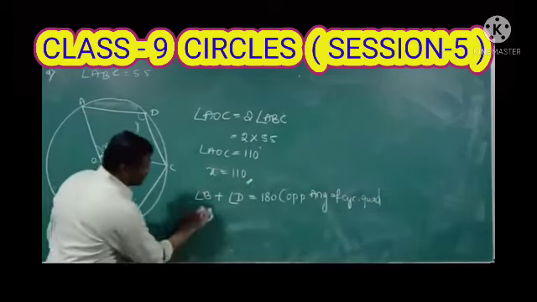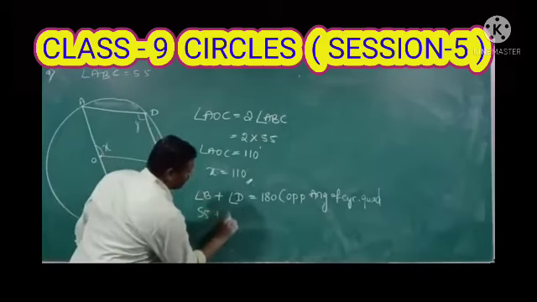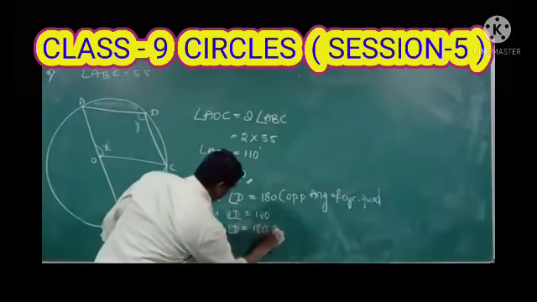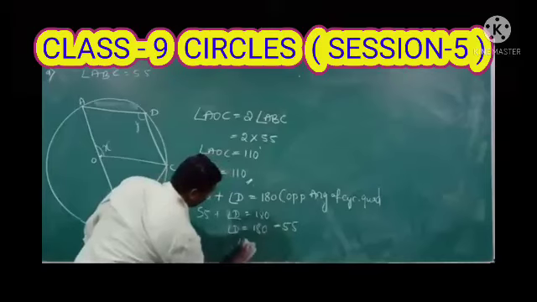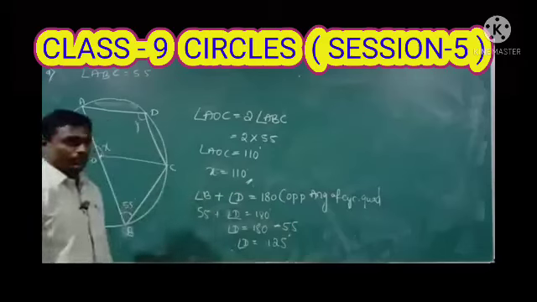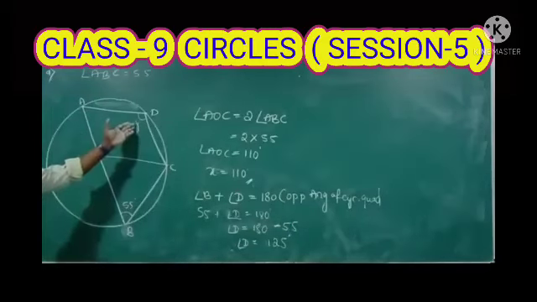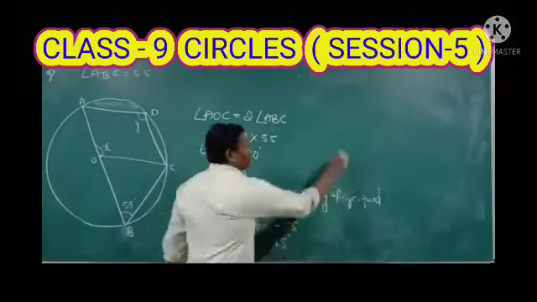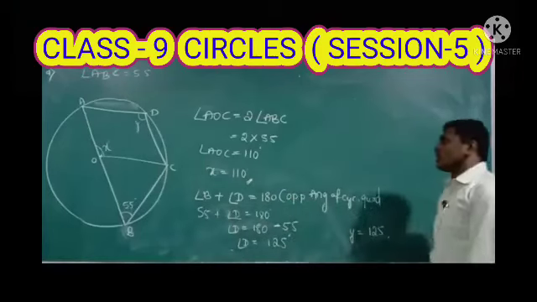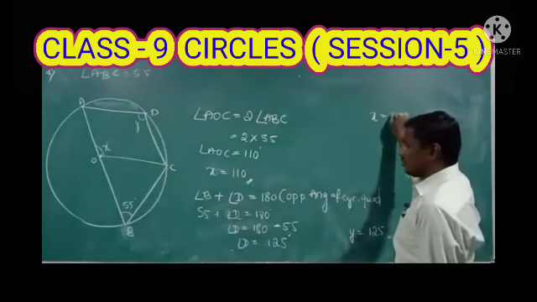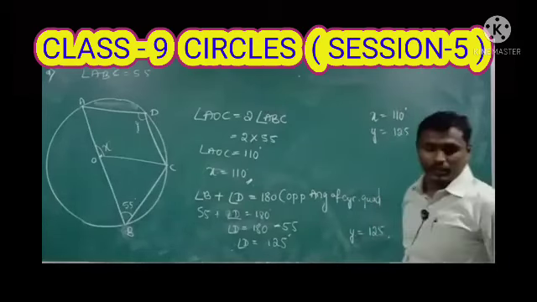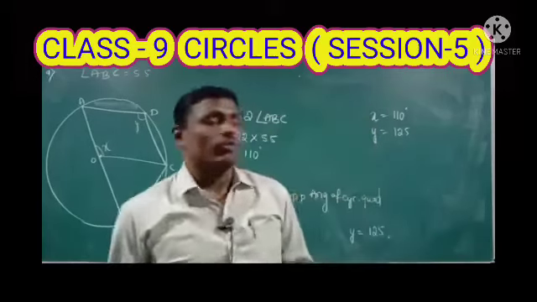In that, angle B is 55 degrees, so angle D is equal to 180 minus 55, which is 125. Angle D is nothing but the y value. So y is equal to 125. Therefore, the required values are x is equal to 110 degrees and y is equal to 125 degrees.